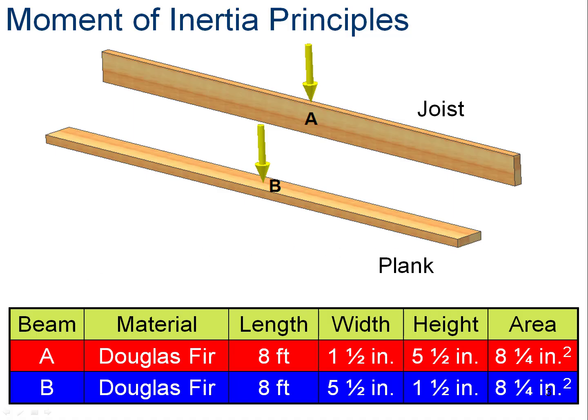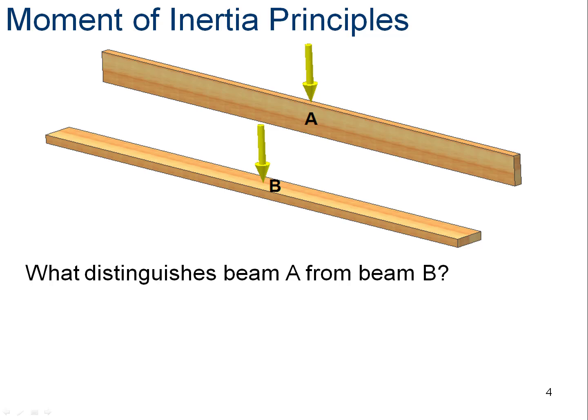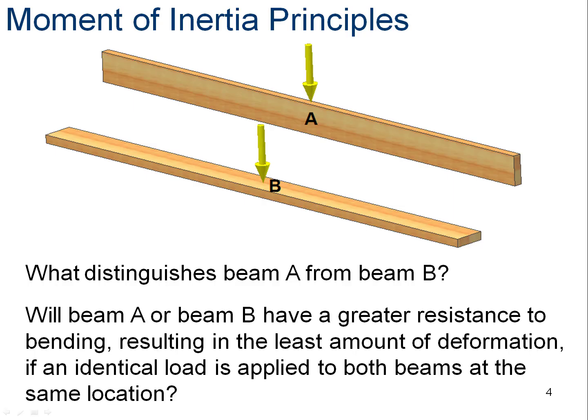And if we look at the same two beams, A and B, dimensionally they're the same, material-wise they're the same. All that's changed is orientation. So when I go to compute my cross-sectional moment of inertia, that's really what distinguishes these two beams, is how they're presented to the load.